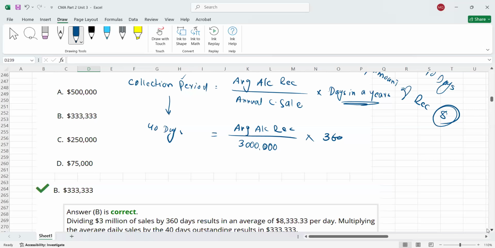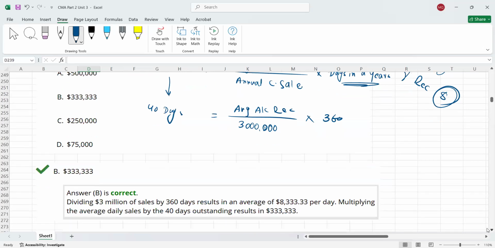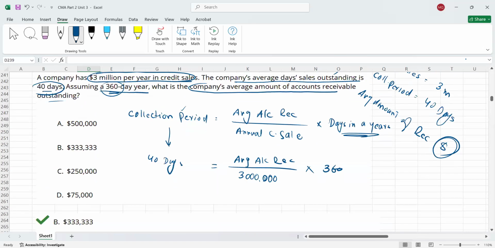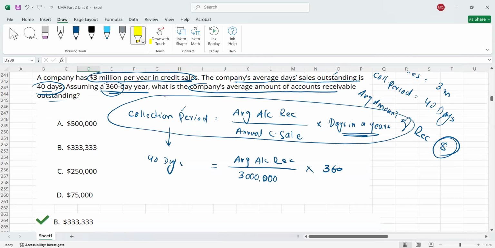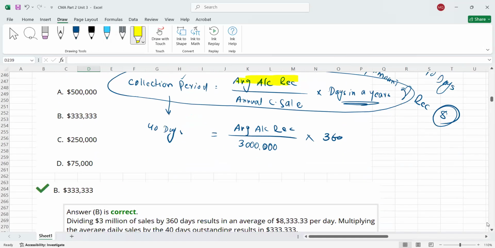Credit sale is given already, so we are just rearranging this formula to find out average account receivables.